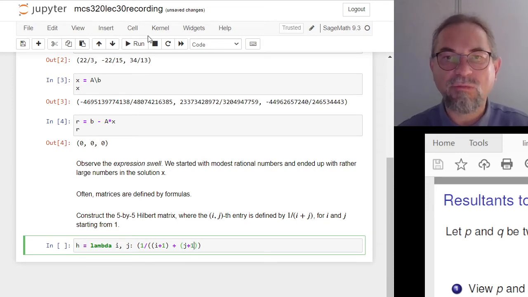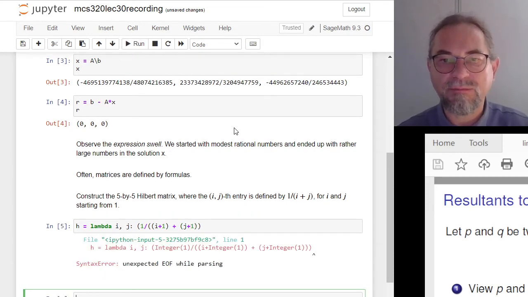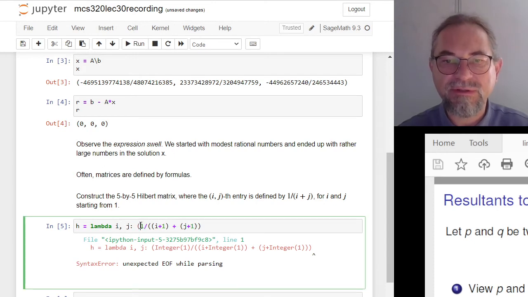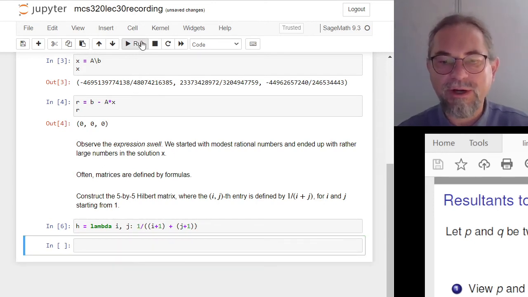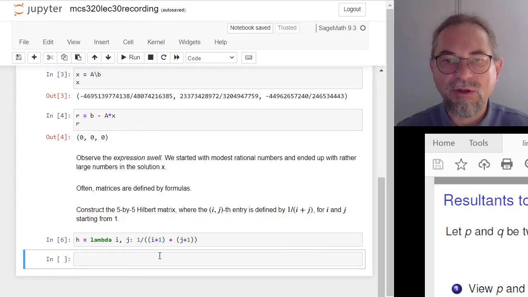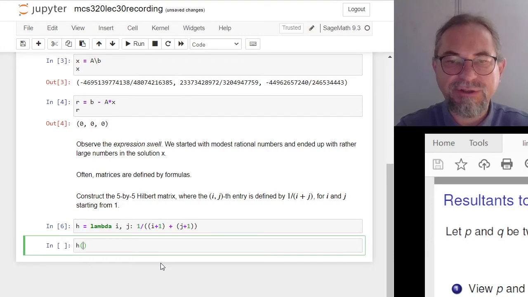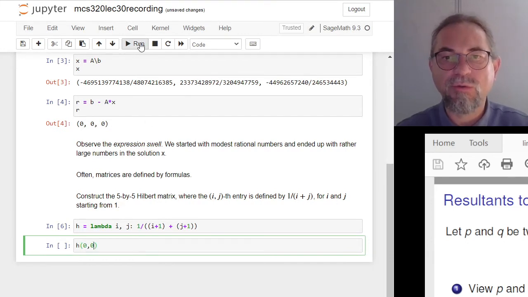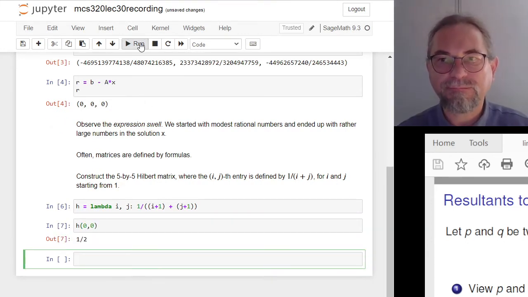And I do not want to divide by 0. So this is a Python function where the first element h00 will be 1/2.